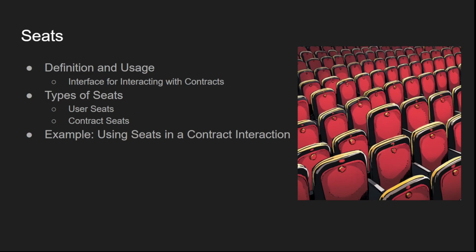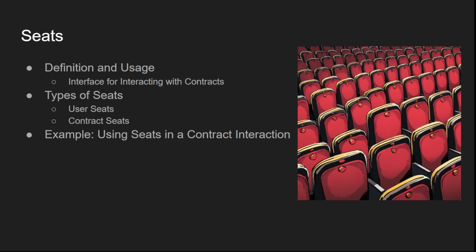This seat provides methods for checking the status of the offer, retrieving payouts, and withdrawing from the contract. For example, if Alice makes an offer to participate in an auction, she receives a user seat. This seat allows her to track her bid status, retrieve her item if she wins, or get her funds back if she loses.